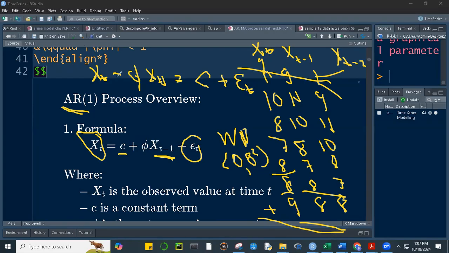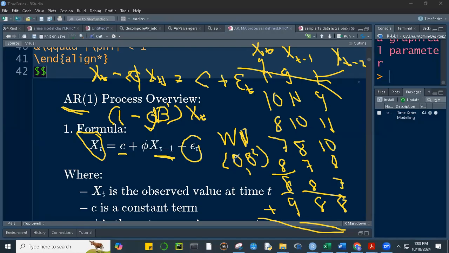Then what we do, class, is we factor out x sub t. So this becomes 1 minus phi, and x sub t minus 1 will now become B, actually B to the first power, or just B.